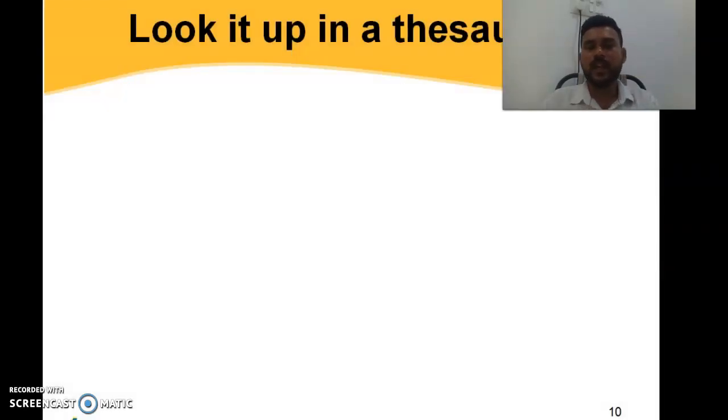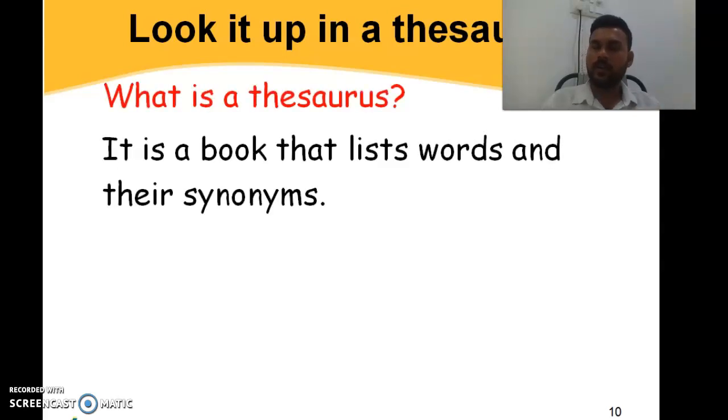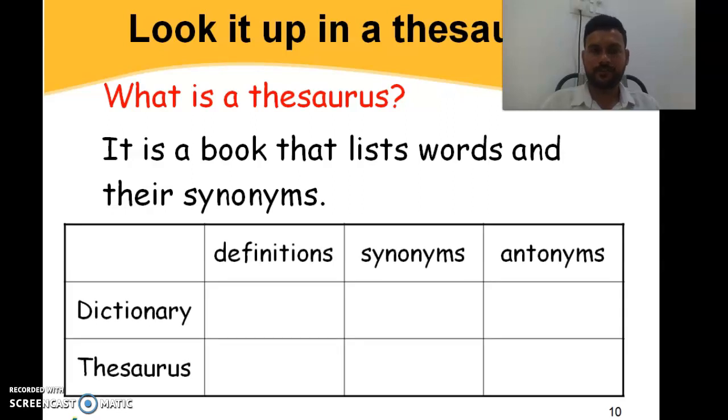So basically synonyms and antonyms are not found in a dictionary. They are found in a separate book. The separate book is called thesaurus. People believe that the meaning of English words can be found in a book called dictionary, but synonyms and antonyms are found in the thesaurus.